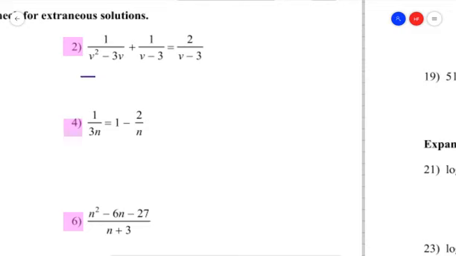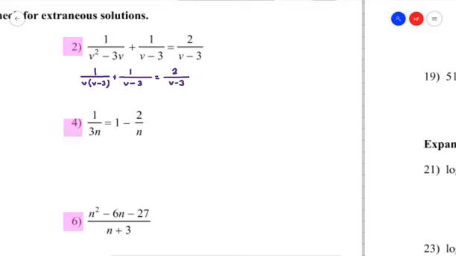So this first one, I can take out a v, which will leave me with v minus 3. And then we see that they all have v minus 3 now, but they all still need a v.